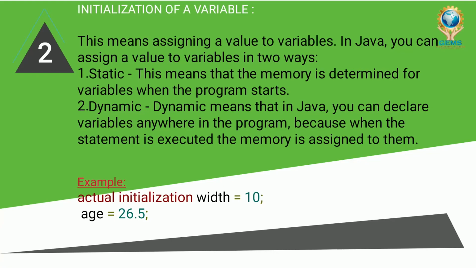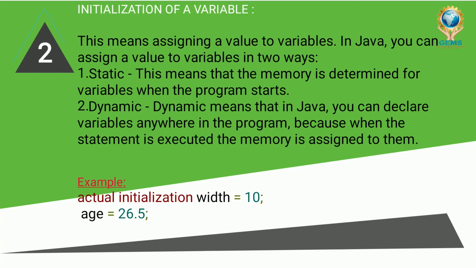In Java programming, we assign values to variables in two ways. First is static, second one is dynamic. Static means the memory is determined for variables when the program starts. When you are assigning the values, you decide the allocation of that particular memory.